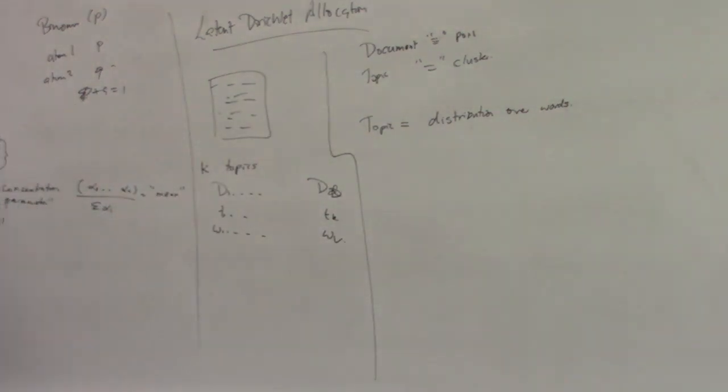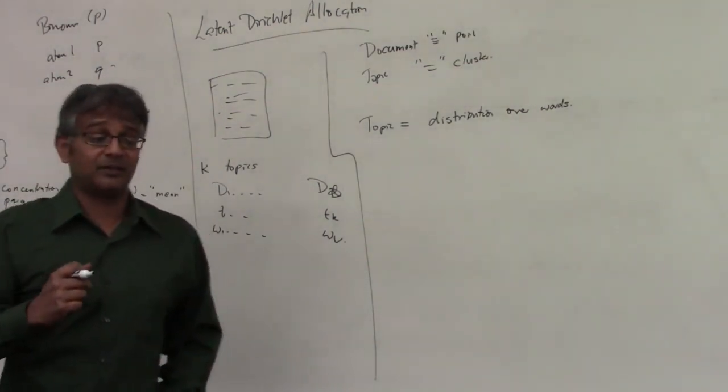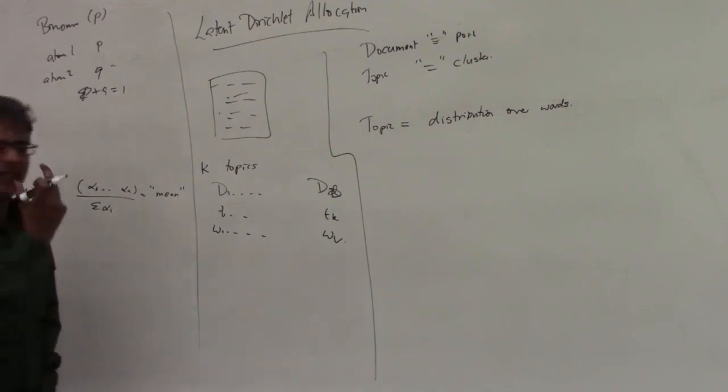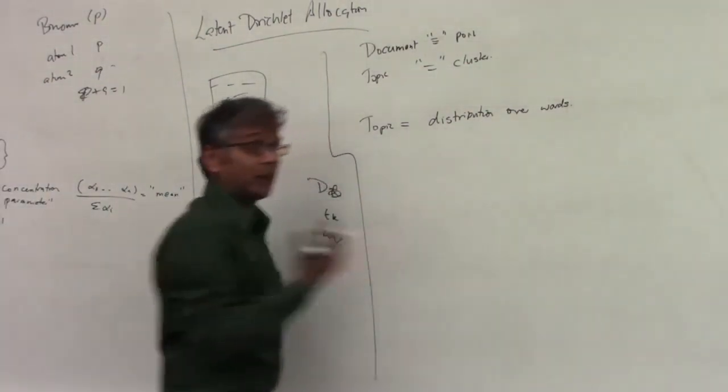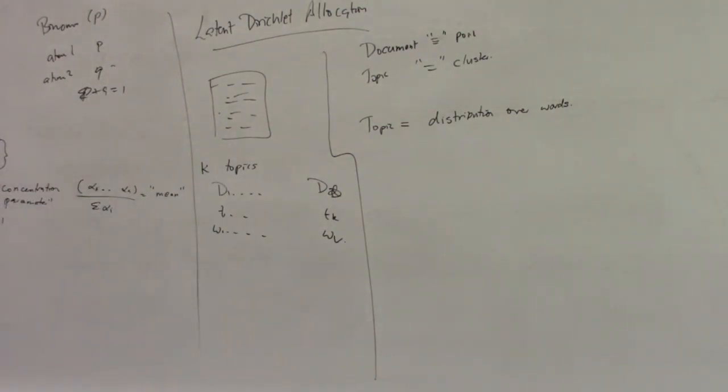In other words, when you think of a topic like, say, cricket or football or some sports topic, there are certain words that will keep showing up. You might talk of a first down. You might talk of an offside penalty. You talk about American football. If you're talking about cricket, you might talk about other terms. So there are specific terms you expect to see, and some terms will occur more often than others. So it is reasonable to say that a topic is some kind of distribution over words.